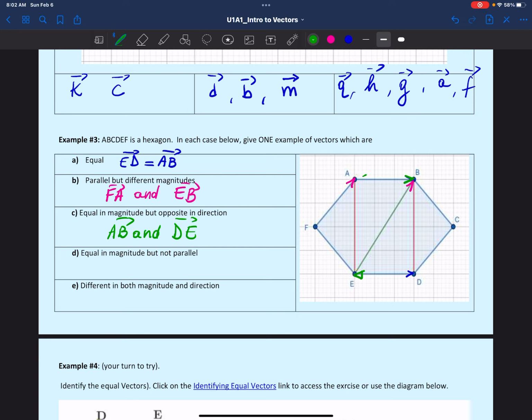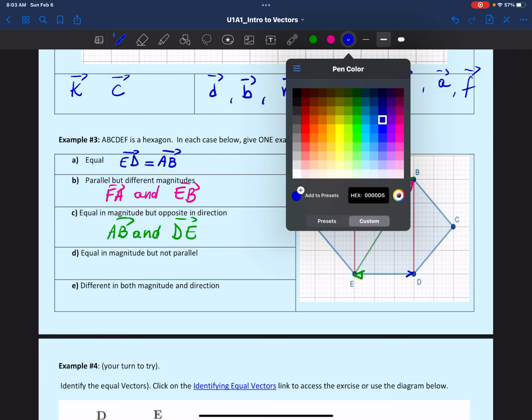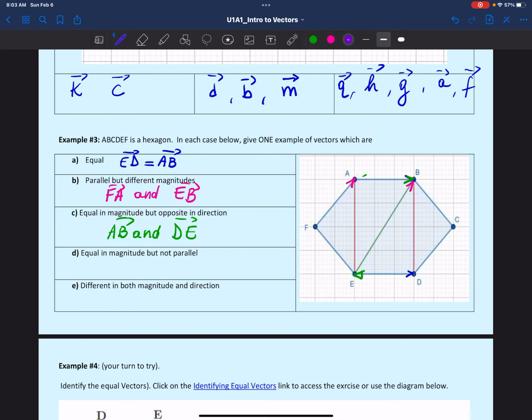Since we're told this is a regular hexagon, that means that each side would be the same. So we'll say, for example, vectors AB and BC. Different in both magnitude and direction. So I would continue with vector AB and then finish up with vector AE.